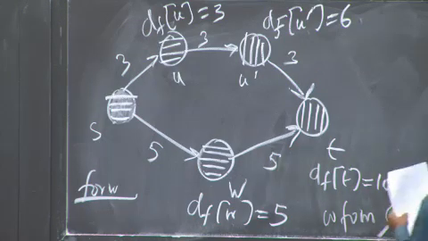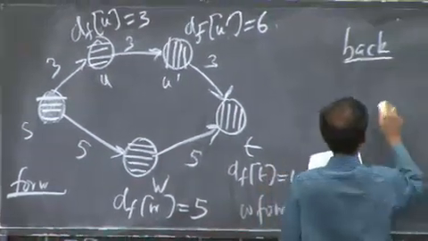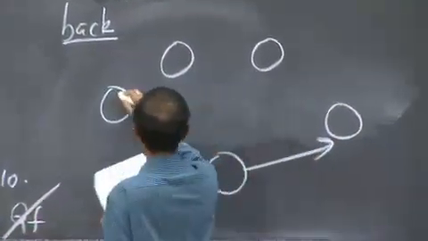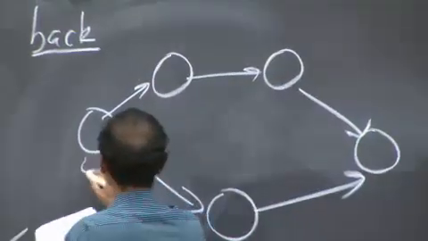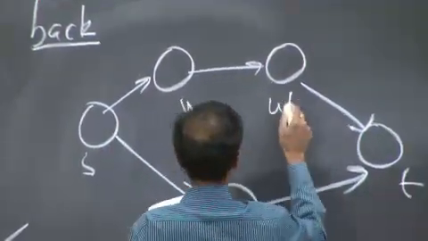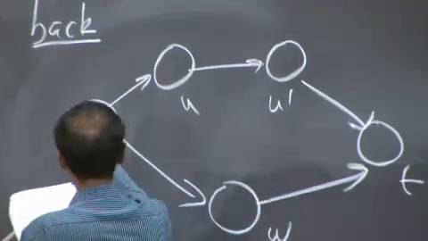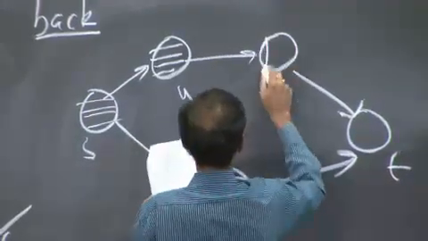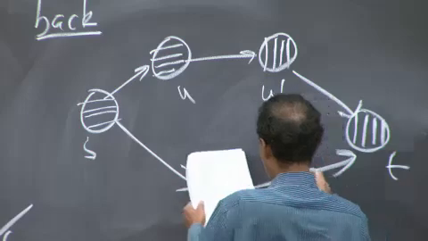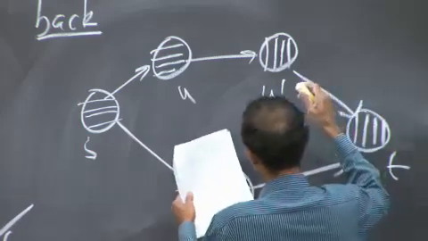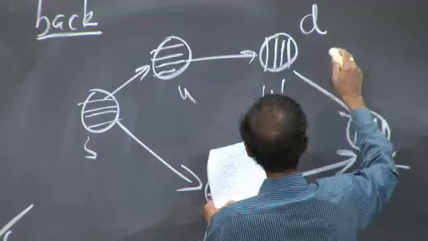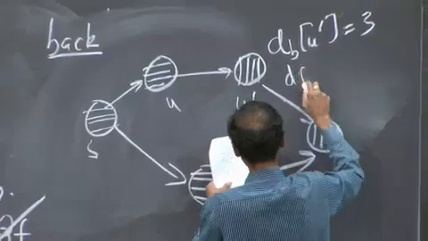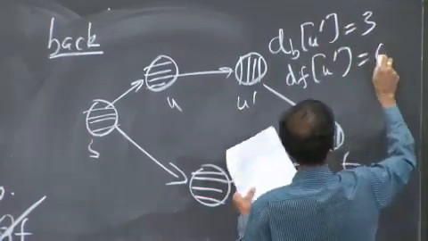Right? Now let's look at the last step here of the backward search. So this was hashed, that was hashed. And if I look at what I have here, I have dB of u prime equals 3, dF of u prime equals 6.